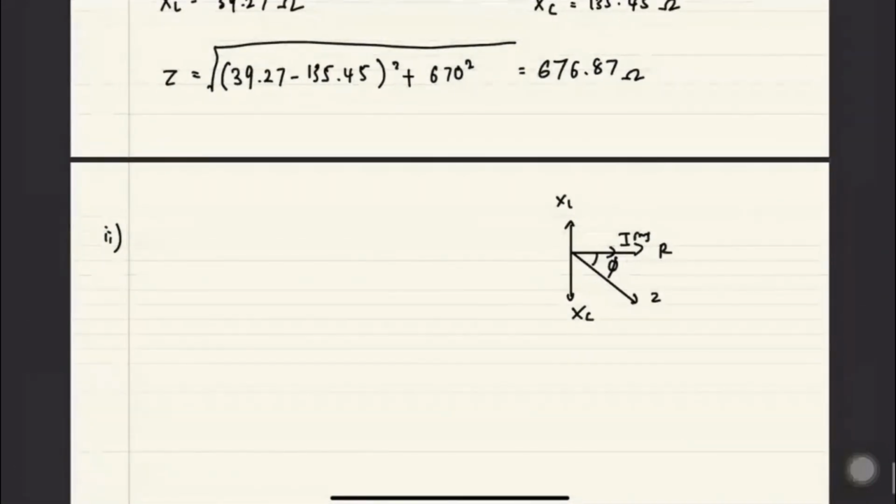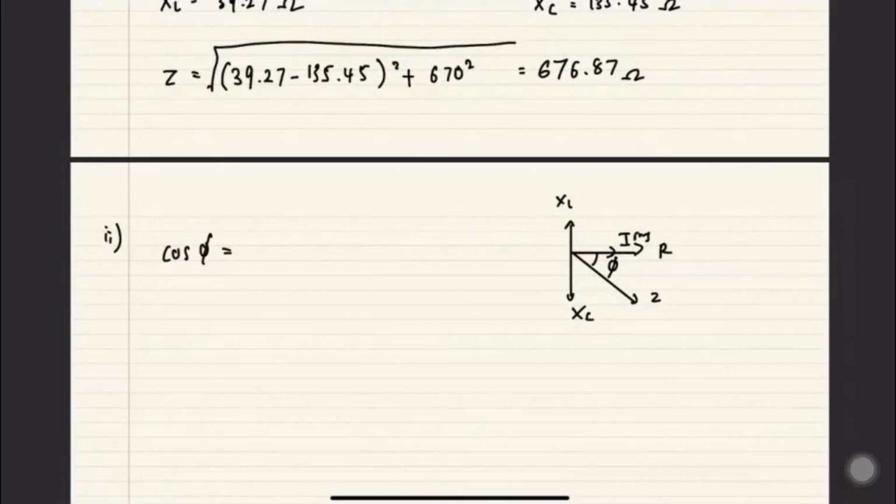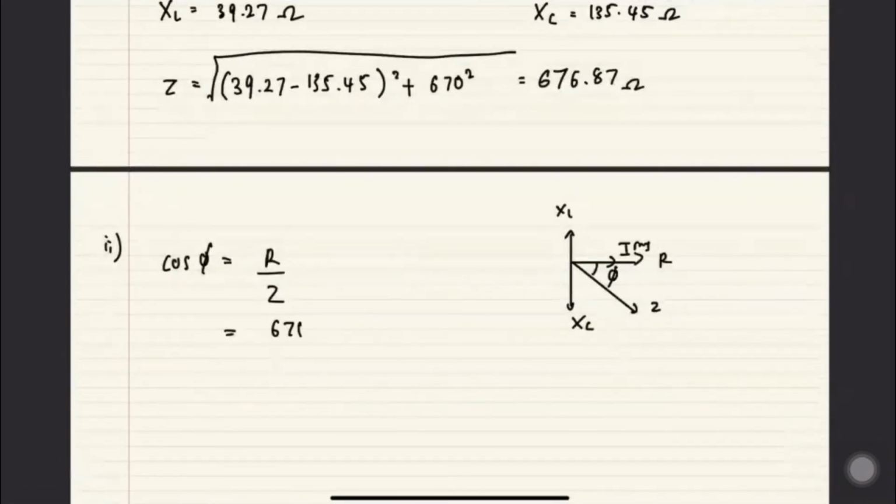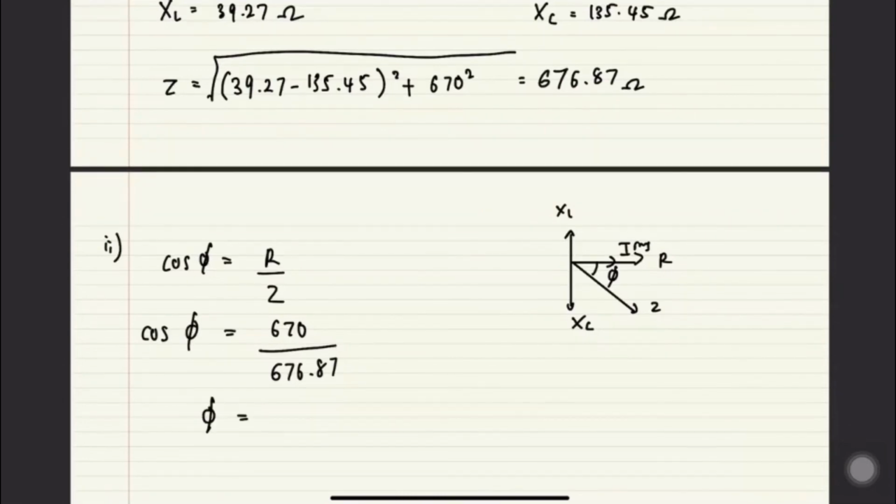So I can use cos phi equals R over Z. R is equal to 670, Z is 676.87. If I use the calculator in degree mode, the answer will be in degrees. So I got 8.17 degrees.